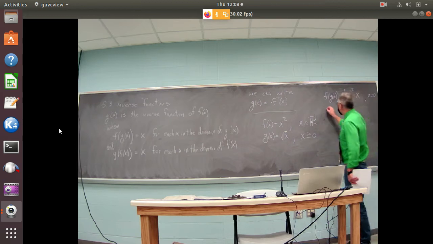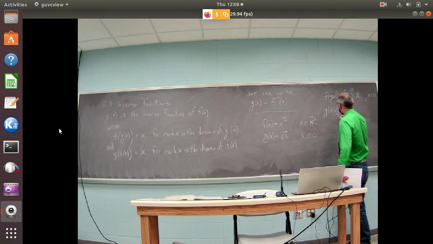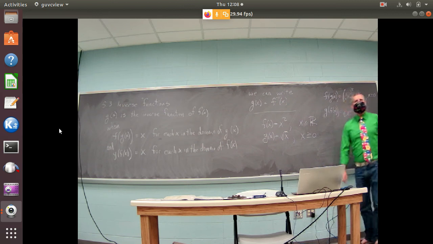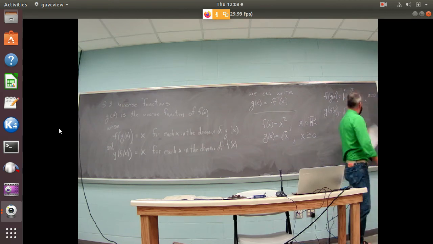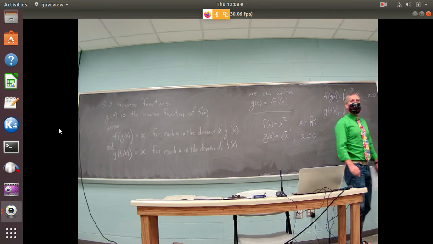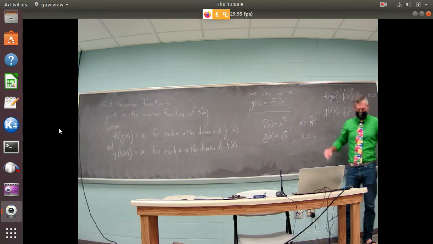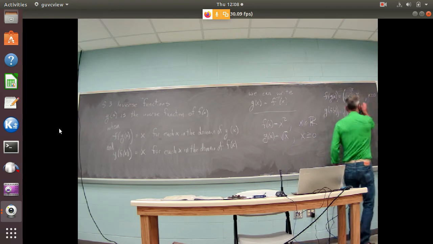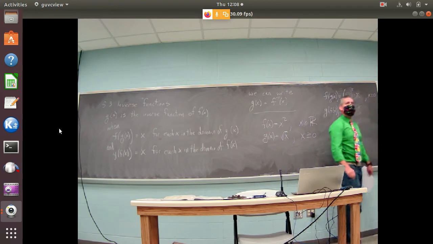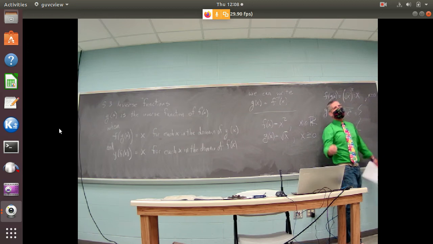But now, when I do the second line, g of f of x, that is the square root of x squared. And it turns out, if I do that for f's domain here, all real numbers, I actually get a piecewise defined function, because really I'm getting the absolute value of x.